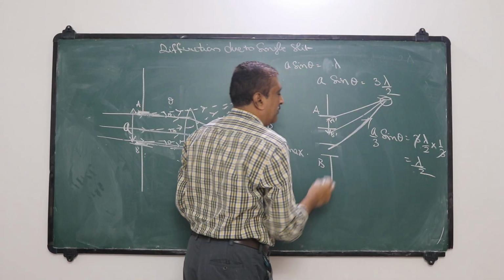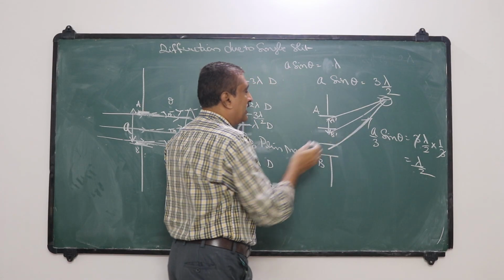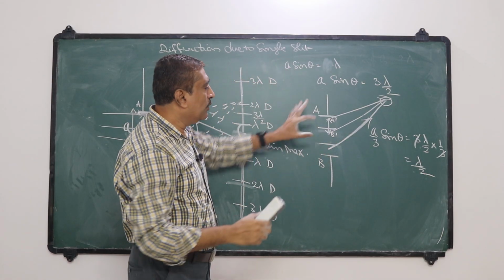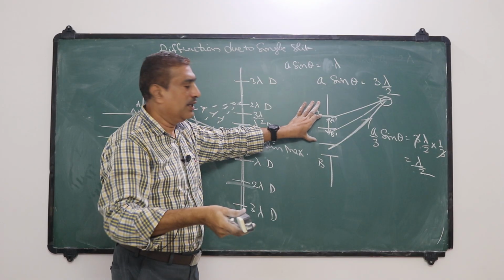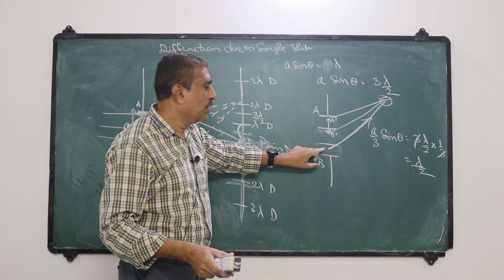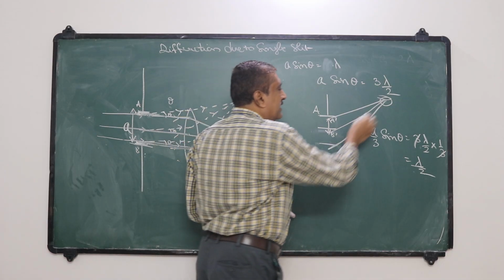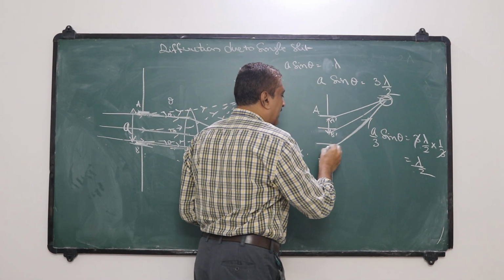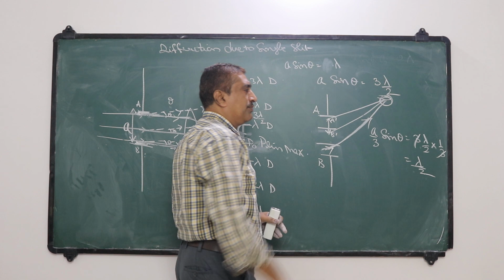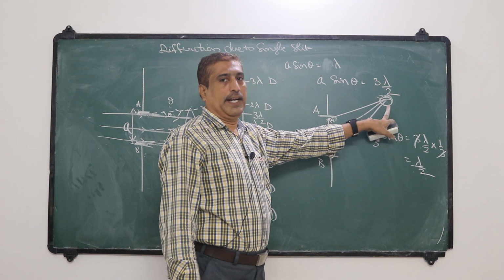As in the earlier discussion, these two pairs get cancelled out and this part is not cancelled, so the resultant intensity at this point is due to the light from this part. So it gives a bright band.